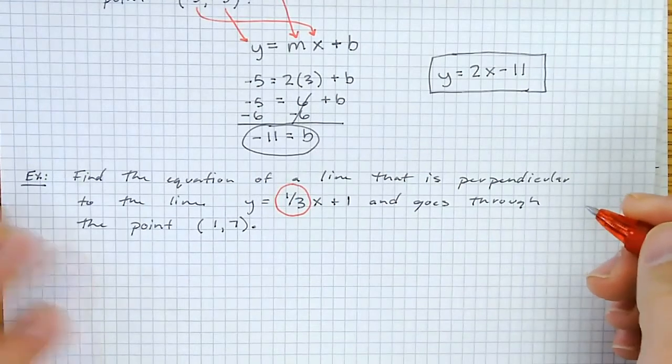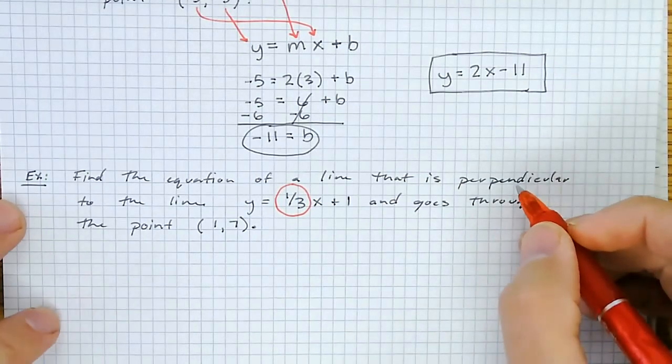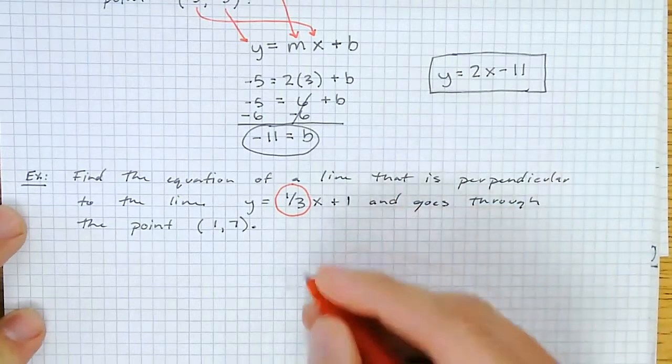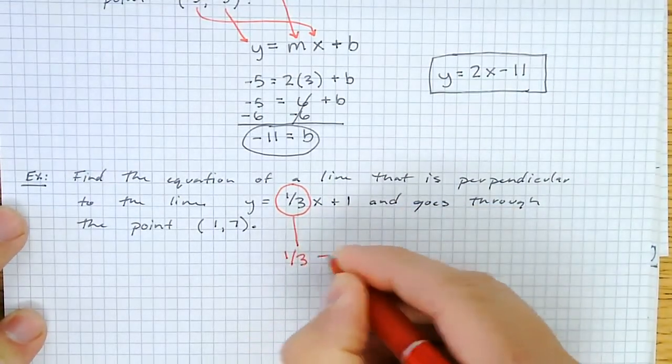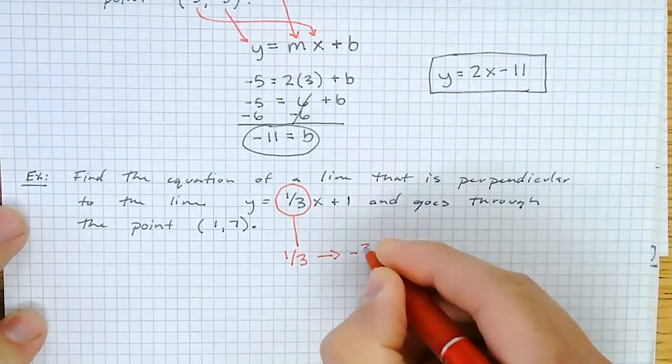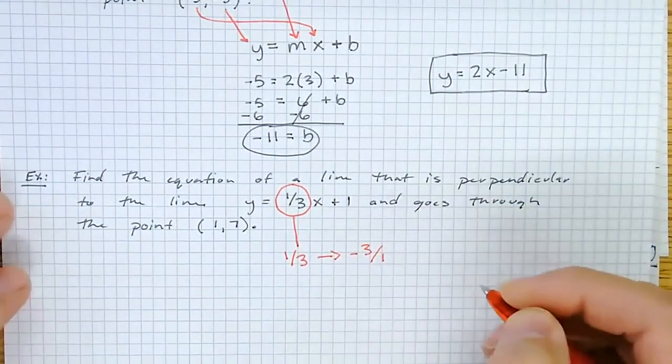So the big difference here, if we're asked to find the perpendicular slope, we have to change it from 1/3 to the negative reciprocal, which would be -3/1 or just -3.